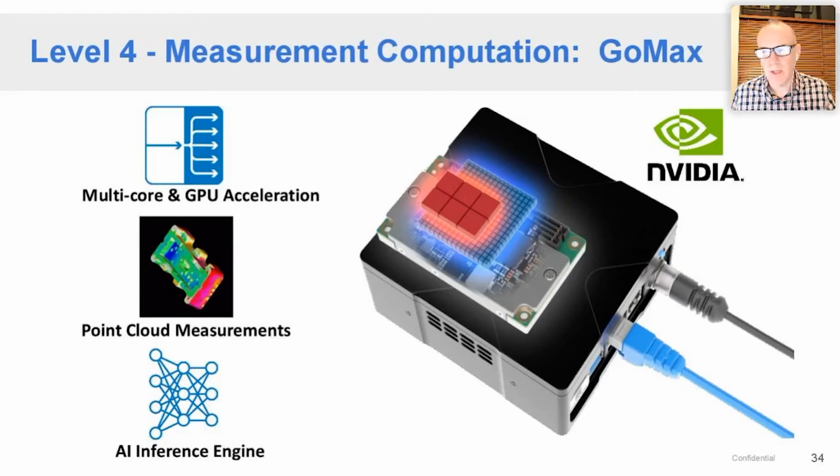So it's multi-core, it has GPU acceleration. It enables a lot of things with our products, including Gocator and LMI tool sets. Sometimes we do very complex measurements with multi-sensors that involve generating very large point clouds, which this GoMax will enable. And then it also enables our future AI solutions because it runs the AI inference engine.